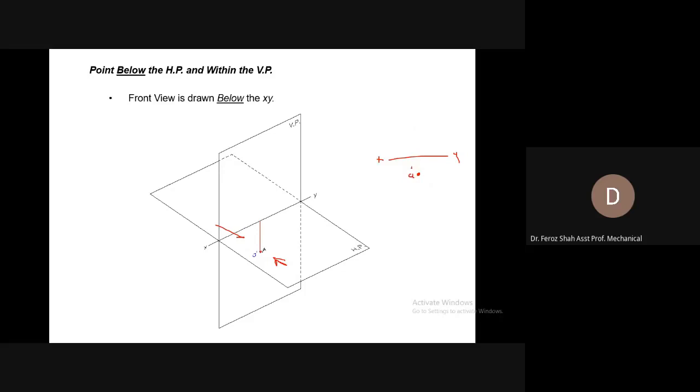For the top view, looking at this point from the top or from the bottom, its projection would be formed on the horizontal plane exactly at this position. And rotation would not change its position. So its top view would be formed within the XY reference line.